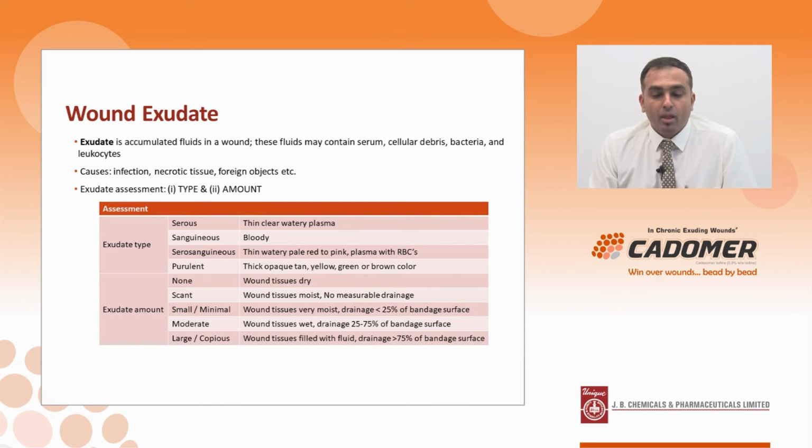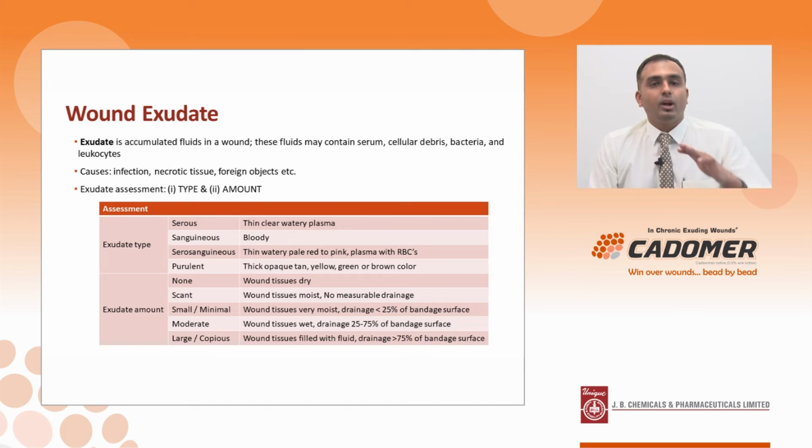For example, in most acute wounds where there is no discharge from the wound tissue, the amount would be none, that is, the wound tissues are completely dry. Scant is when wound tissues are moist and there is no measurable drainage. Third is small or minimal, when the wound tissues are moist and drainage is less than 25% of the bandage surface.